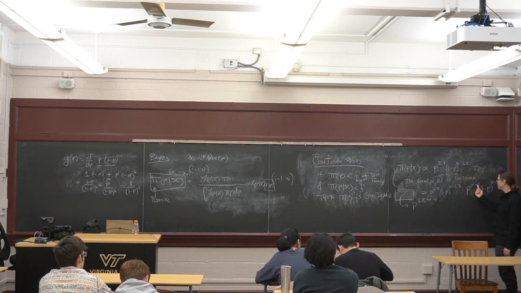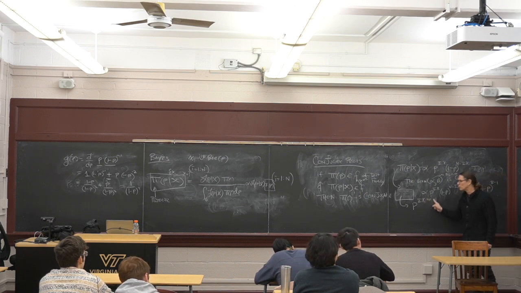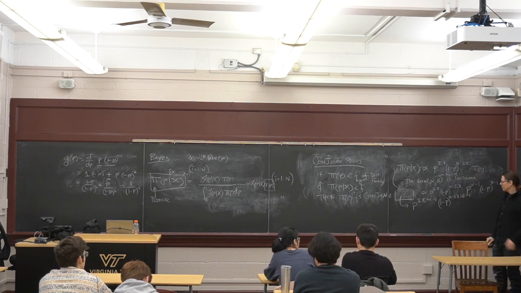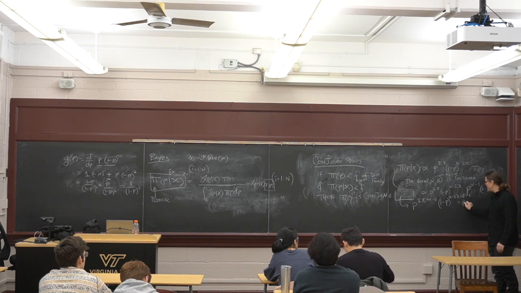That's that. I never absorb that into anything because I need that minus 1 to recognize what the updated parameter is. 1 minus p to the n minus sum of the xi's plus beta minus 1. And so this thing is a beta.